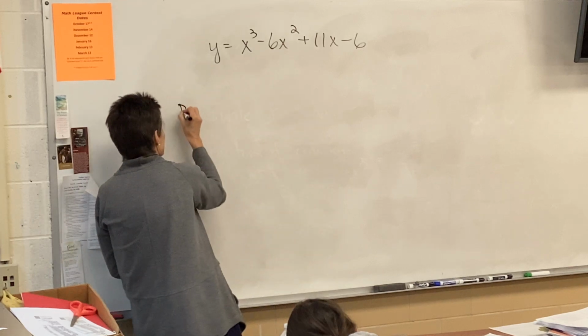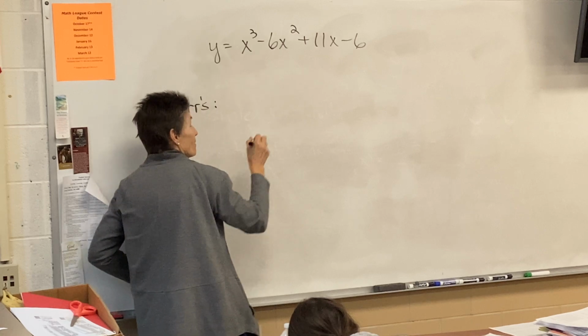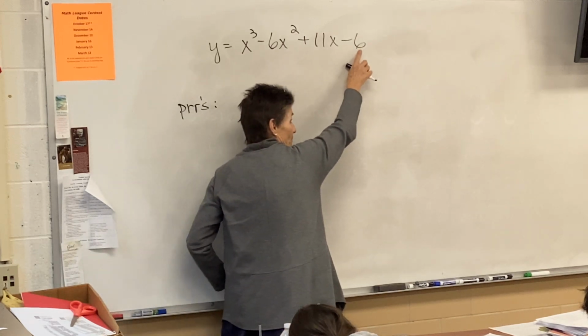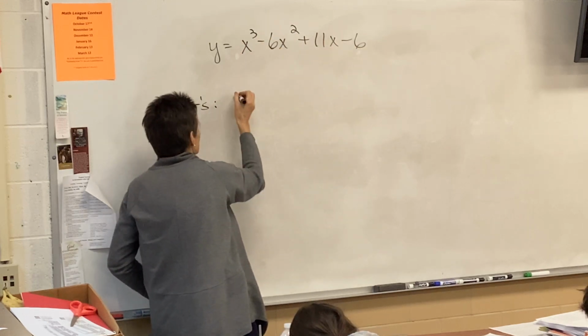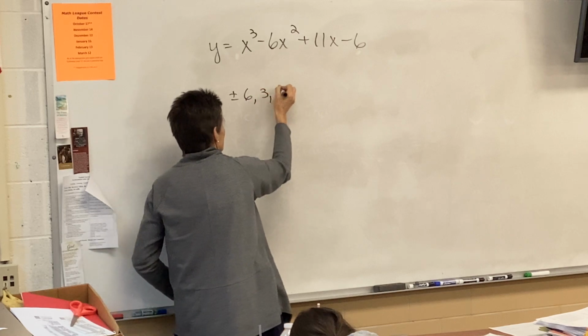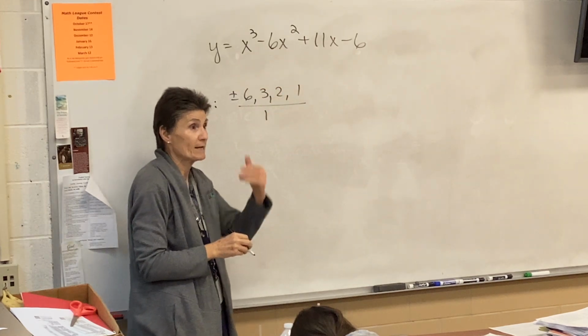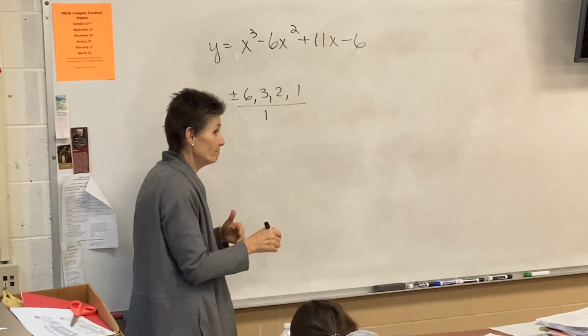Let's make our list. What are our PRRs? Plus or minus 6, 3, 2, 1. Factors of 6 over factors of 1. So plus or minus 6, 3, 2, and 1. There are your guesses. So pick one.